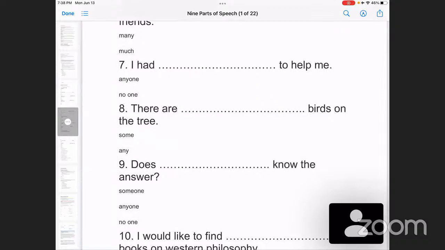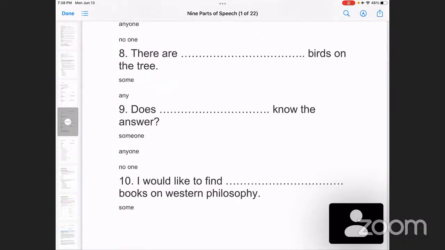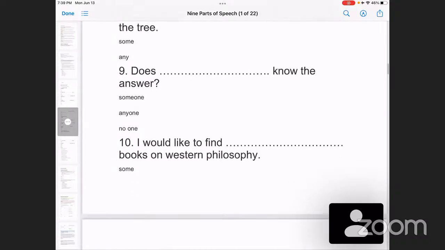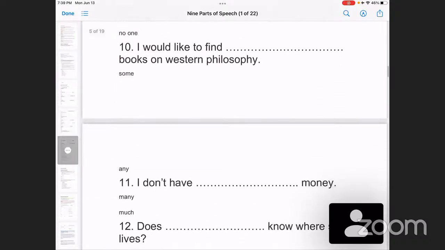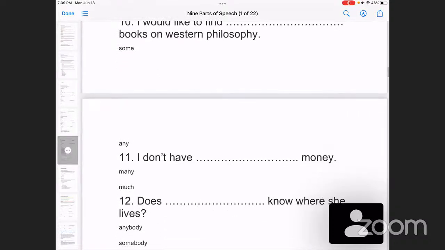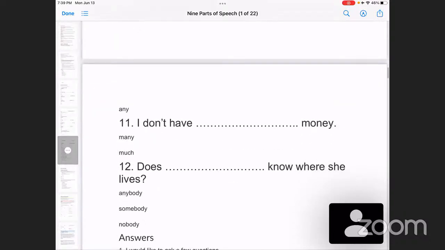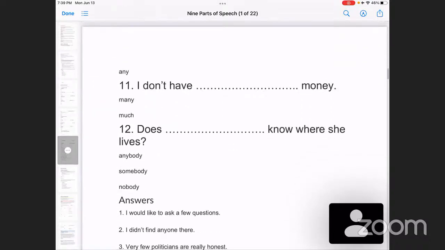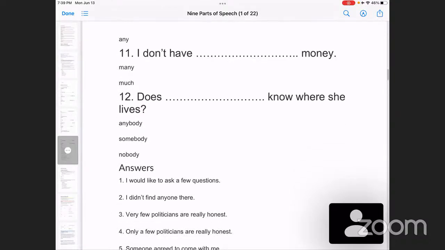Does anyone know the answer? I would like to find dash books on Western philosophy. I would like to find some books on Western philosophy. I don't have much money. Does dash know where she lives? Does somebody know where she lives? So let's see, the answers are all here.